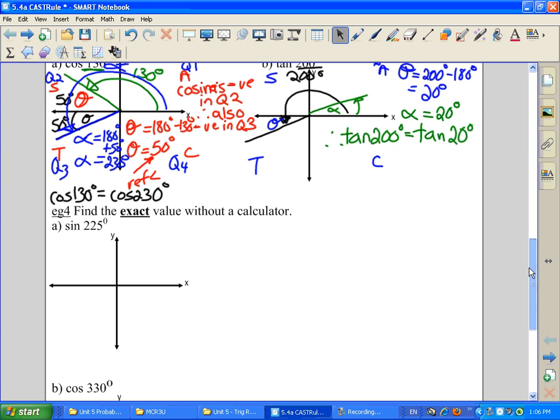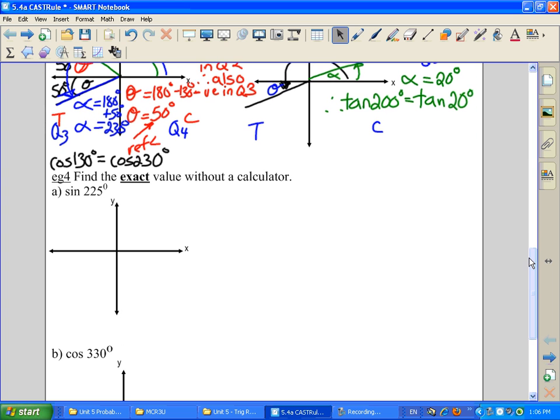Awesome. Example 4, we got 2 questions, but these are the last 2 questions and we can do these. Just remember, folks, when you read a question and it says determine the exact value without a calculator, exact should lead you to a couple lessons ago where we talked about special triangles. Okay, and remember, it's easy just to draw these triangles.